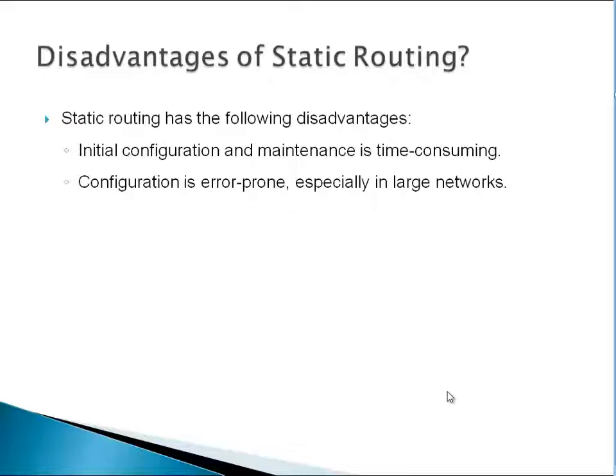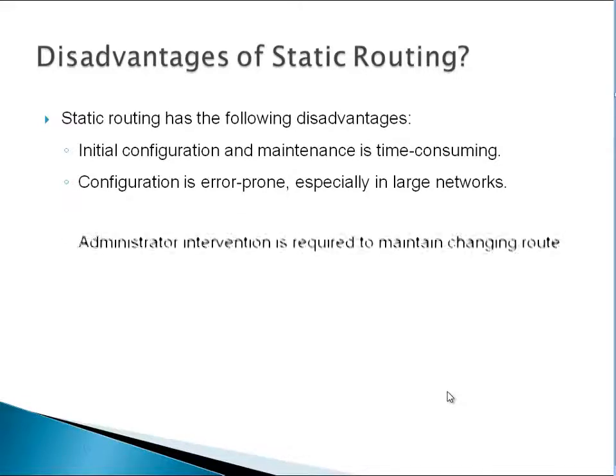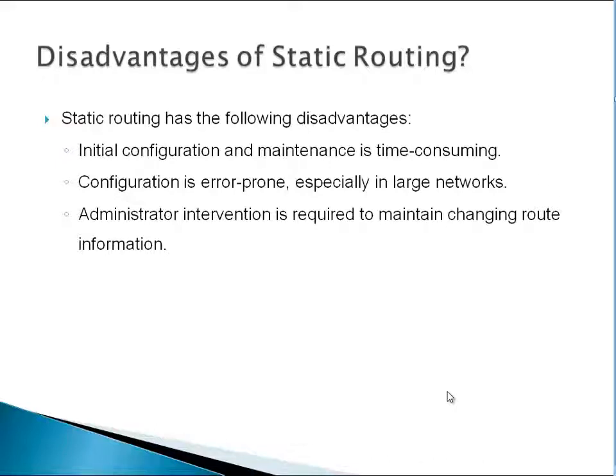As soon as we start entering static routes, even if we don't have many, like 20, we might start making mistakes. So it's error prone. Administrator intervention is required to maintain changing route information. Every time a route goes down or comes back up, we have to go to each router that's working as a static router and update it.